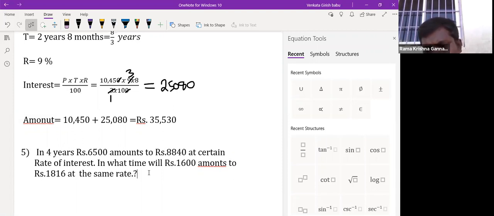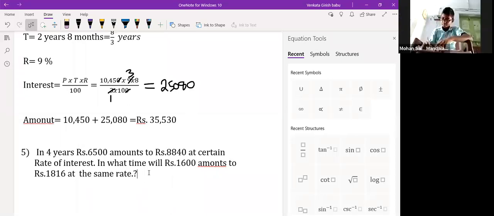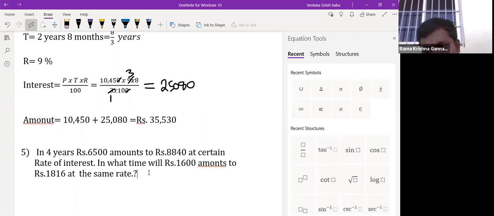Interest means A minus P. Time is 4 years. From that, you have to find the R value.